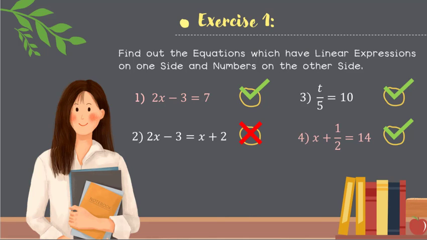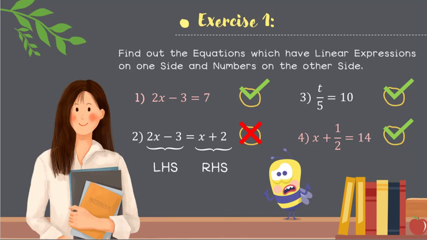The expression on the left-hand side is 2x minus 3, and the expression on the right-hand side is x plus 2. So, how do we solve equations like that? We will understand by our lesson today.